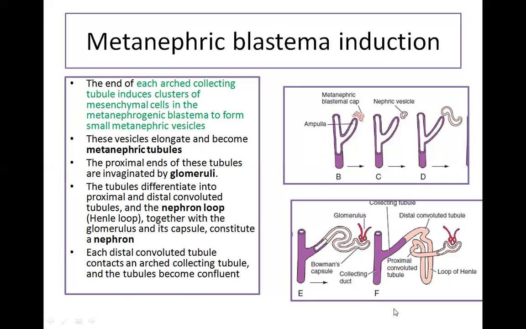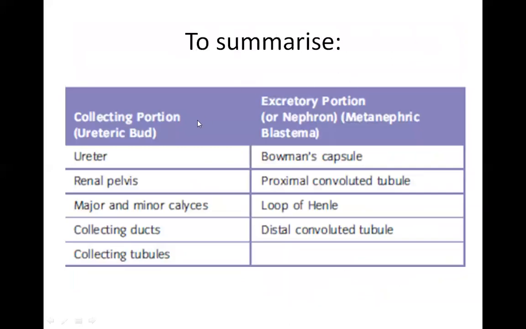So like this, this is a uriniferous tubule with an excretory part contributed by the metanephric blastema and a collecting part which is contributed by the ureteric bud. So to summarize, there are two portions of a uriniferous tubule, the collecting portion and the excretory portion of a kidney.